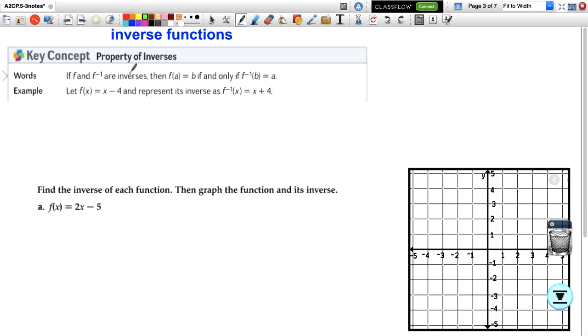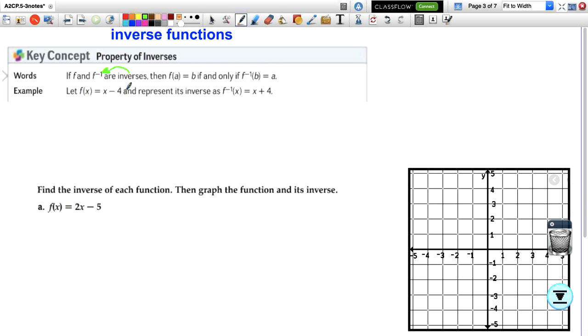This is a notation for it being an inverse. Okay, if f and the inverse of f are inverses, then f of a equals b if and only if the inverse of f of b equals a, right? Kind of you take that output, you plug it into the input, you take that output, you plug it into the input, okay? They're vice versa, all right?